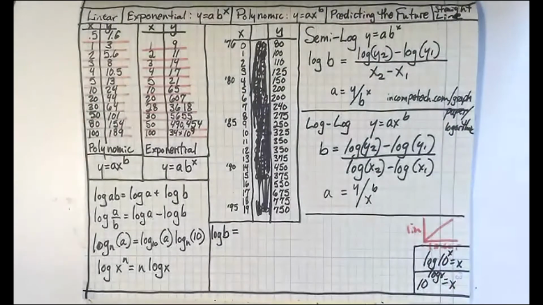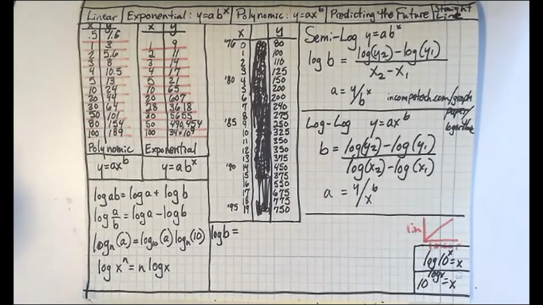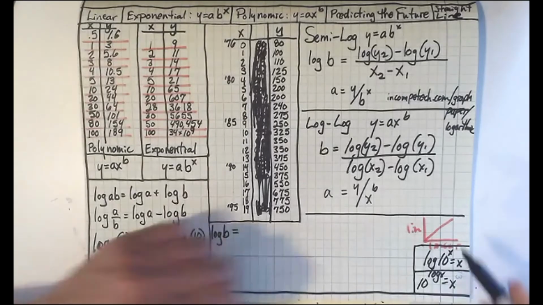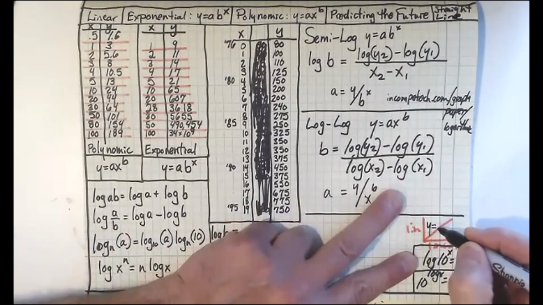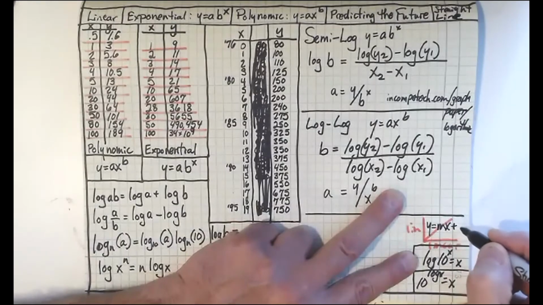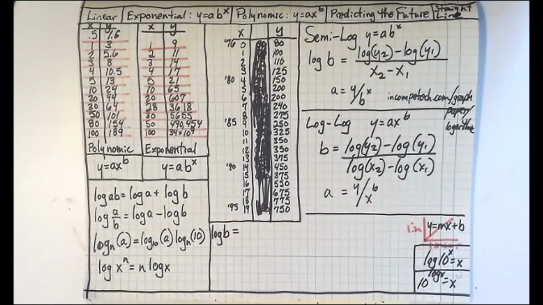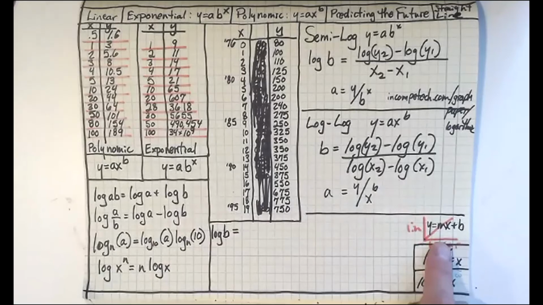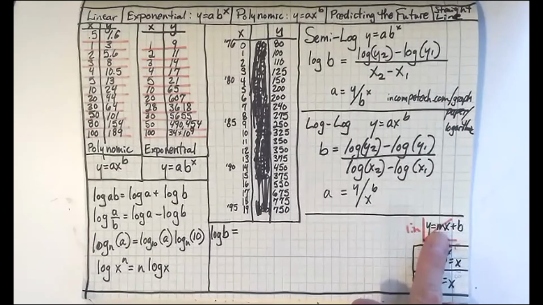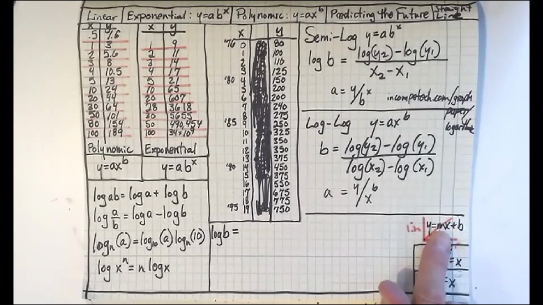So we've got a linear relationship, and we know how to get an equation from that linear relationship because it would just be y equals mx plus b. b is your y-intercept, m is the slope of your line, and we all know how to do that. So in a small way, anyone who can do this and is dealing with a linear relationship between two variables can predict the future.